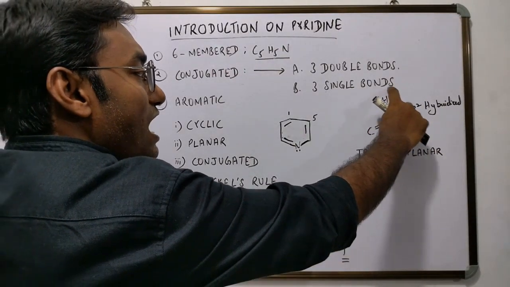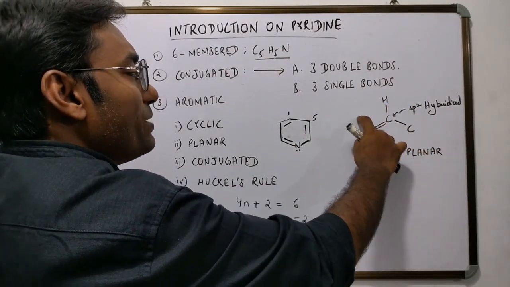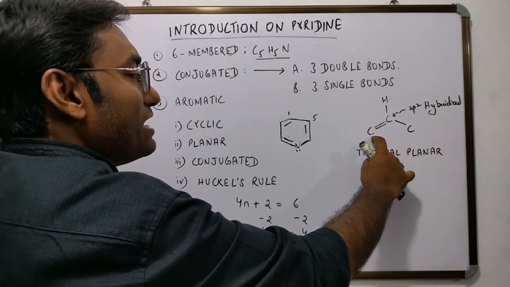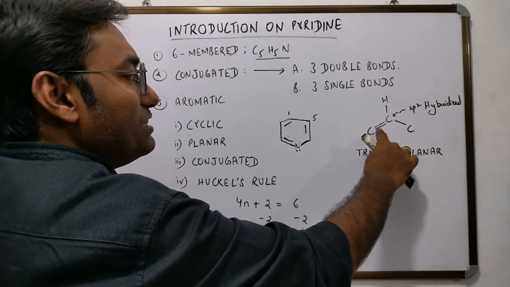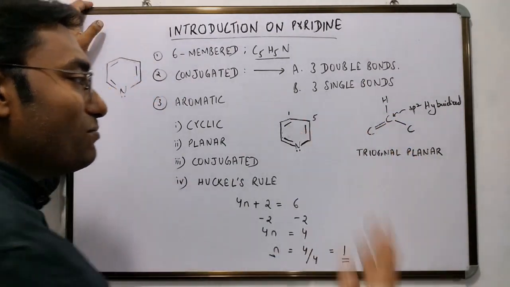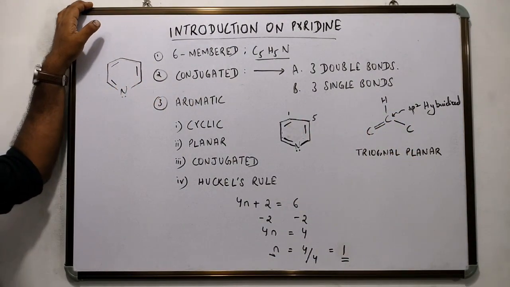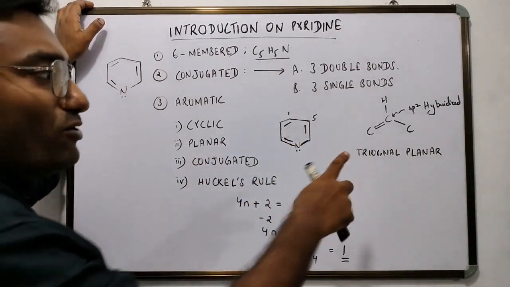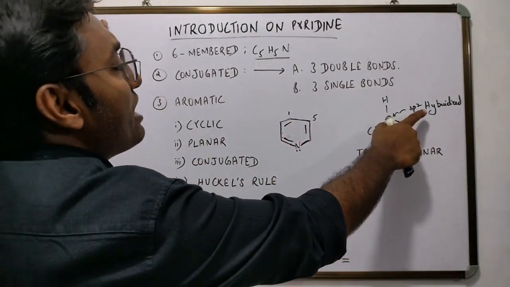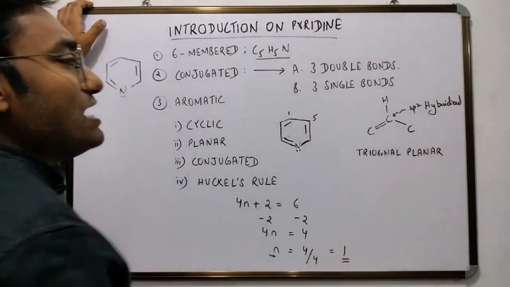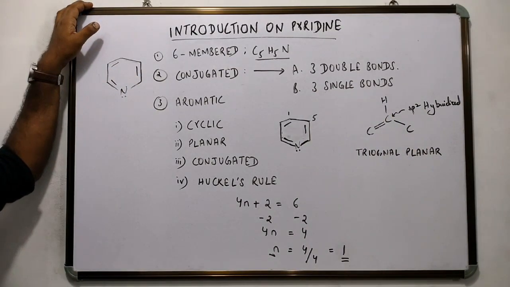there should be an unhybridized p orbital in each of the carbon atoms such that they overlap and form the pi bond or the double bond. As there are 5 doubly bonded carbon atoms, that would only mean that there are 5 sp2 hybridized carbon atoms.